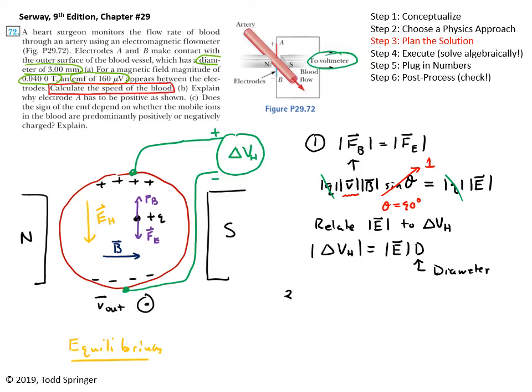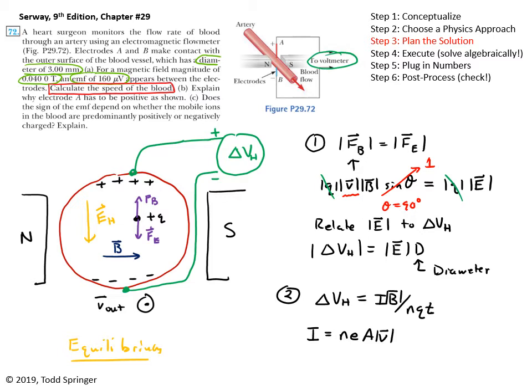The second way to approach the problem is you might think to just go to the equation sheet and use this formula: delta VH is equal to IB over NQT. Now the problem is it doesn't have velocity in it, but then you could think, well, maybe I can use I is equal to NEA times the velocity.